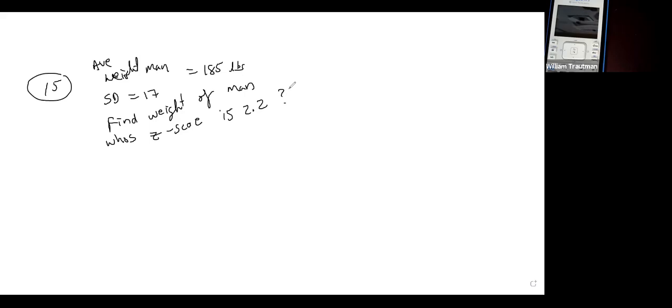Do I have one? Oh, I think I do have one. I do have my workbook with me.